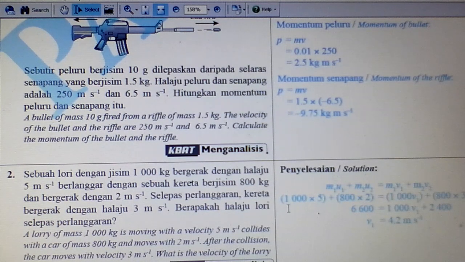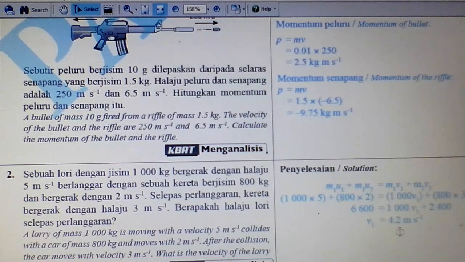Okay, so m1 is 1000, u1 is 5, m2 is 800, u2 is 2, and then substitute m1 1000, we want to find v1, then m2 800, v2 is 3, then you solve, you will get v1 4.2 m s^-1.